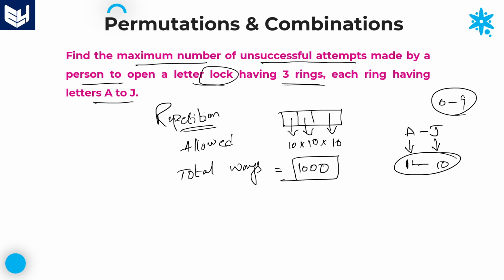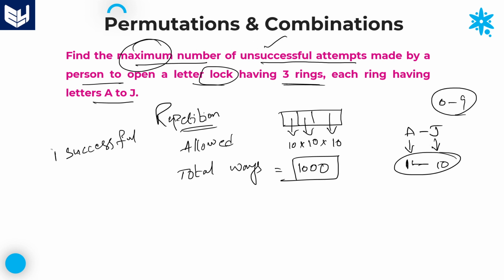But the question is asking to find the maximum number of unsuccessful attempts. Here, there is always only one successful attempt. Why?